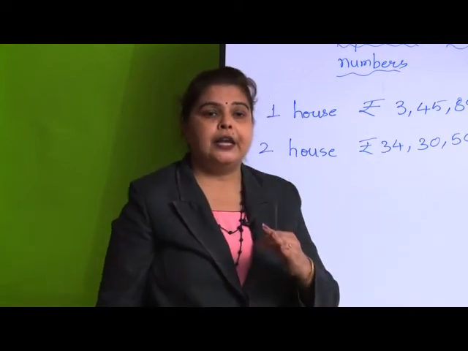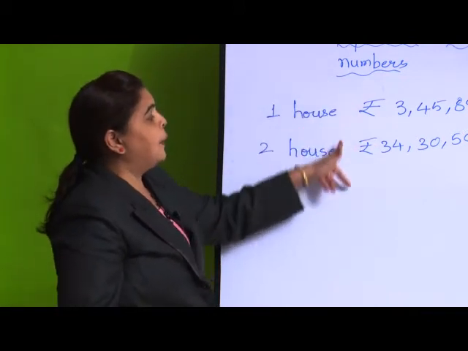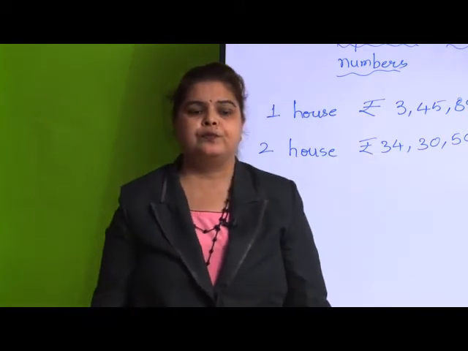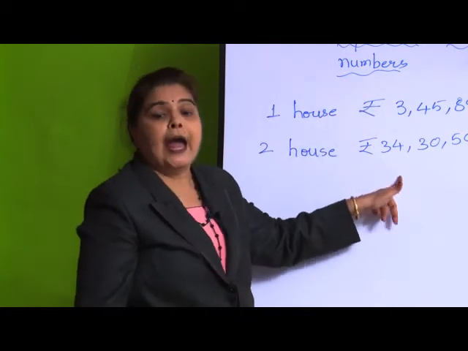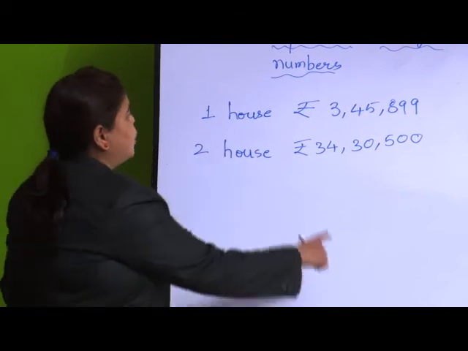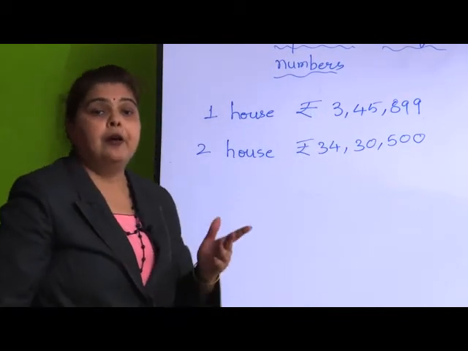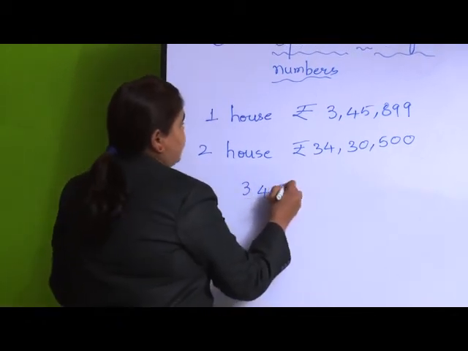How much money did Rahul's father spend to purchase these two houses? So which operation do I have to use? Yes, you are right. We have to do the addition because the words spend and total show how much amount is required or paid by Rahul's father. So we will do an addition of this.